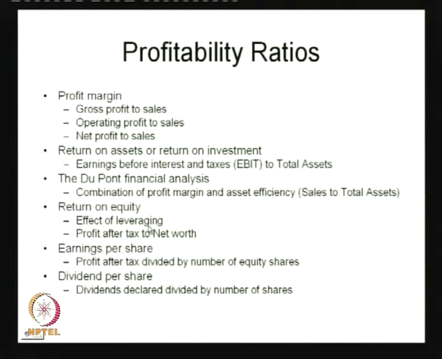Next we go to the next type of ratio, that is your DuPont financial analysis. What happens in this case? We have a combination of profit margin and asset efficiency.